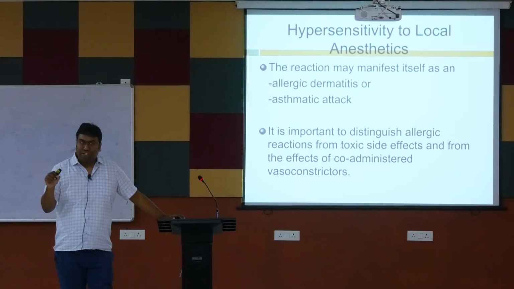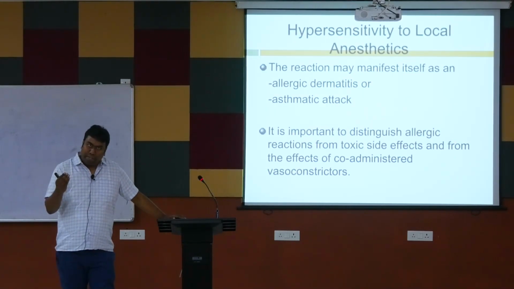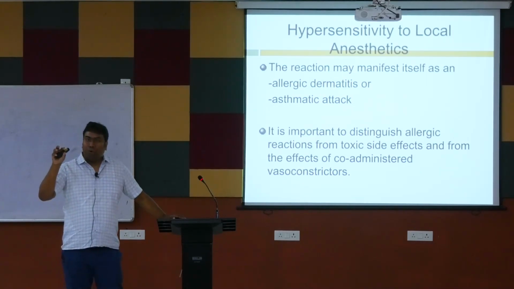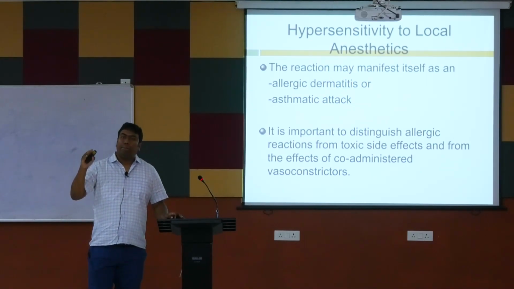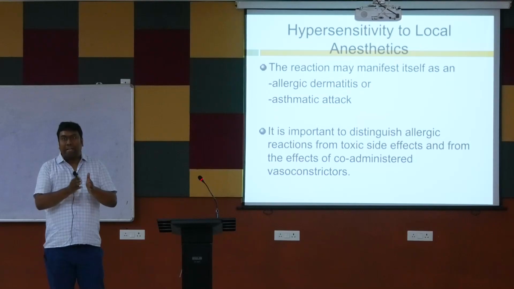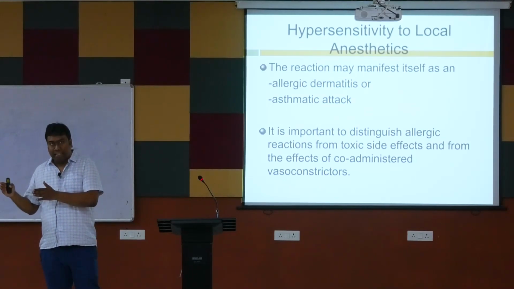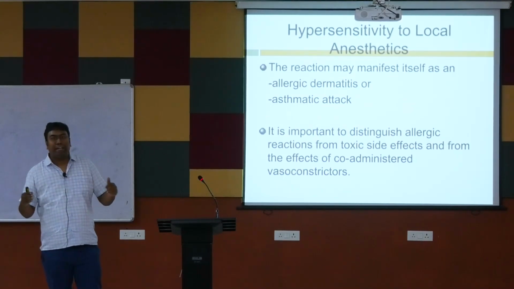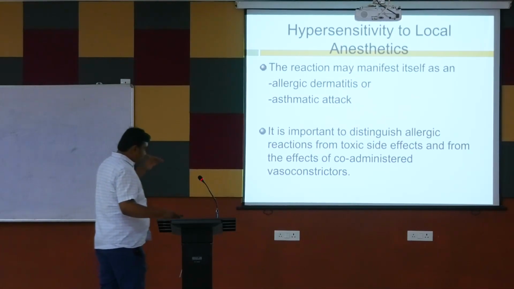With vasoconstriction, number one, the systemic absorption will be less, so on the local side there will be prolonged action. So systemic toxicity is reduced, whereas the duration of local anesthetic is increased when used along with a vasoconstrictor.